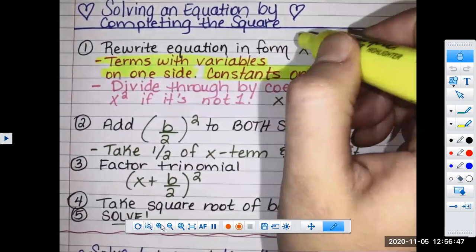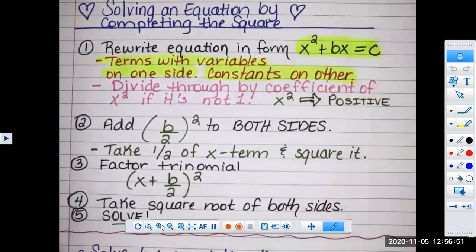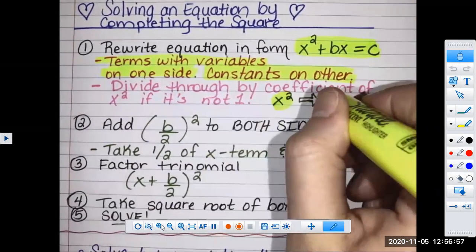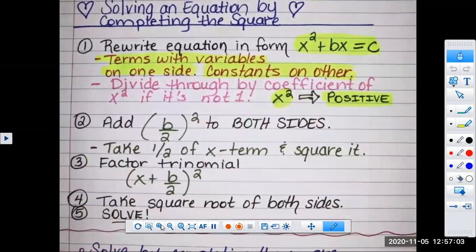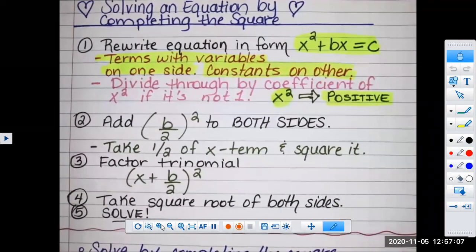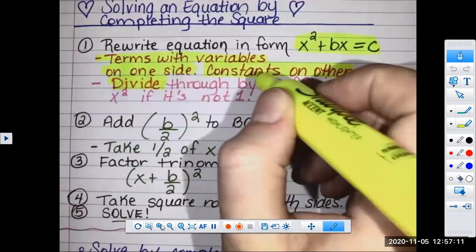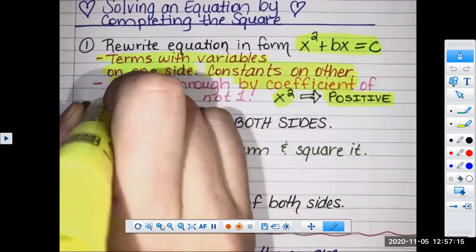So it needs to look like this. X squared needs to be positive, and it needs to have 1 in front of it. So x squared needs to be positive, and it needs to have a coefficient of 1. If not, you have to divide by the coefficient of x squared.